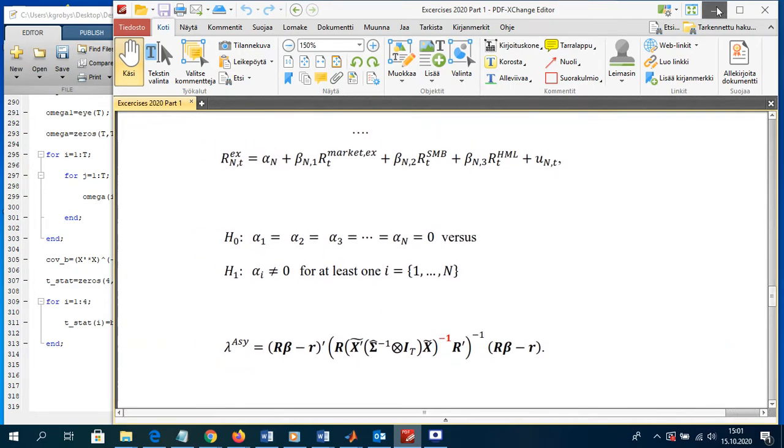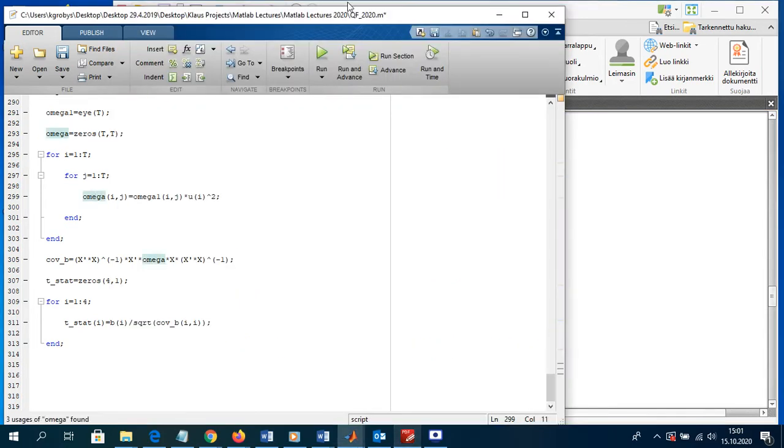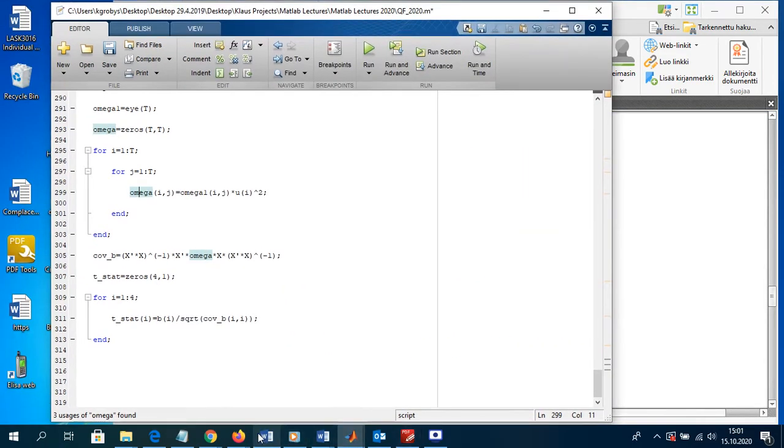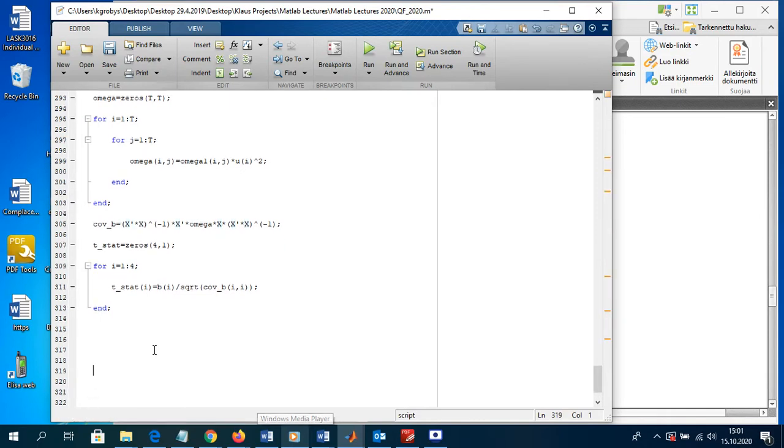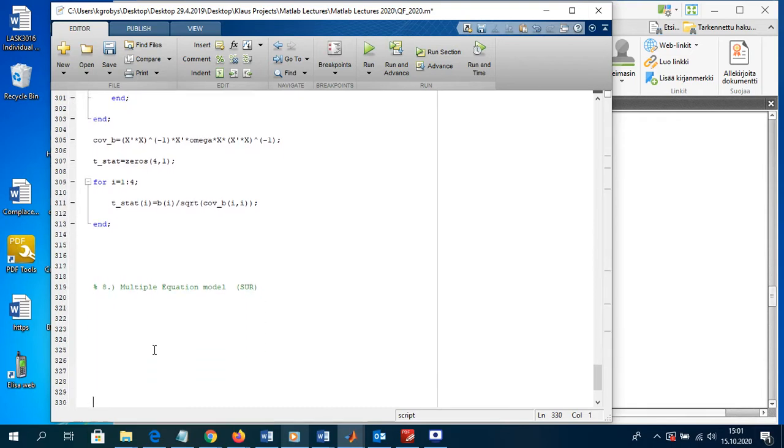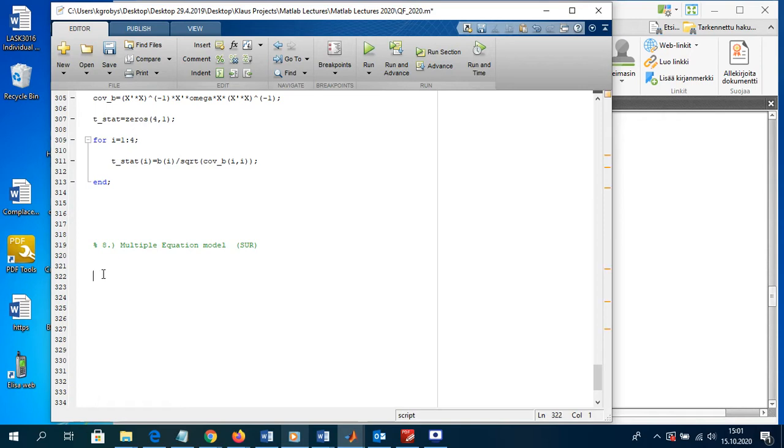So how to implement this in MATLAB? Again, we have here our script, the place where we can write our MATLAB script. The task number 8 is then multiple equation models, and we have here the SUR model, a seemingly unrelated regression technique that we are interested in investigating.